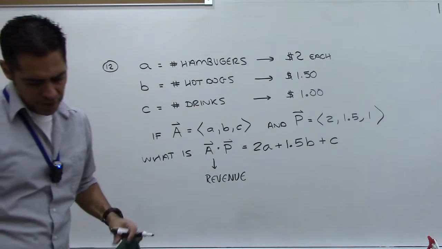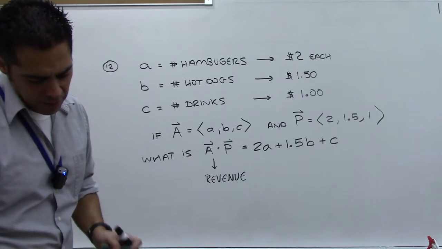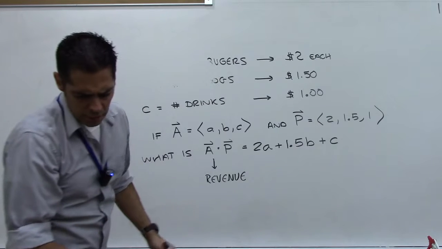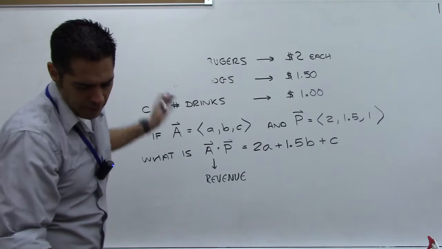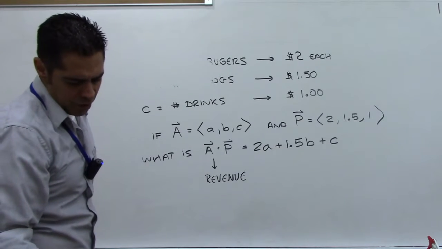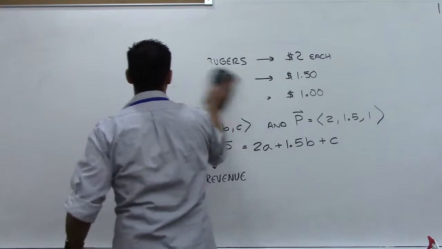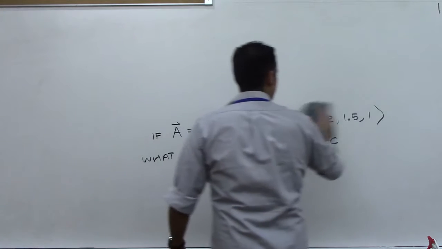All right, number 15. Find the angles between these vectors. Was that 12? Hold on. That was 14, sorry, I think I forgot to change it. That was supposed to be 14. So 15 is what I'm working on now.